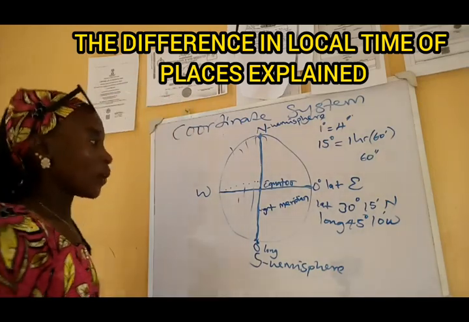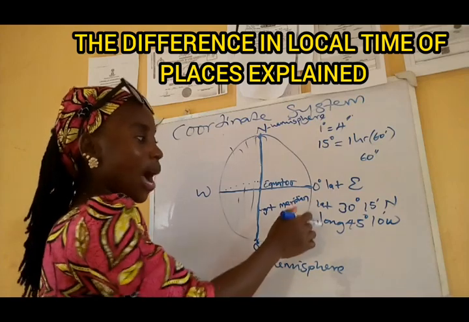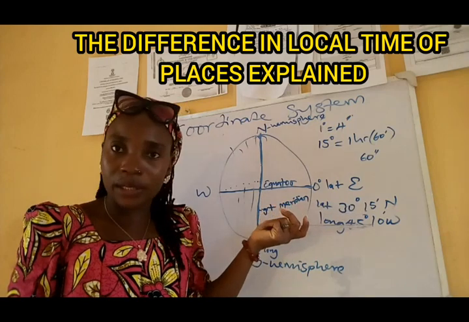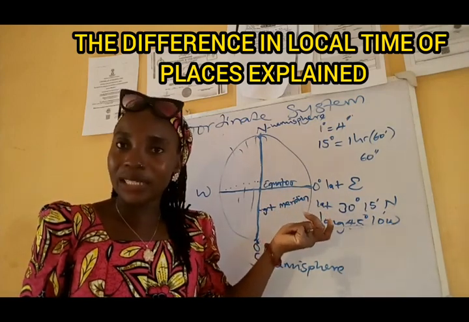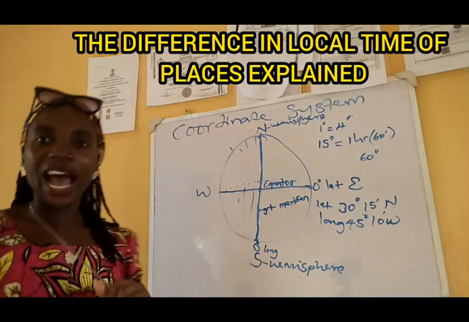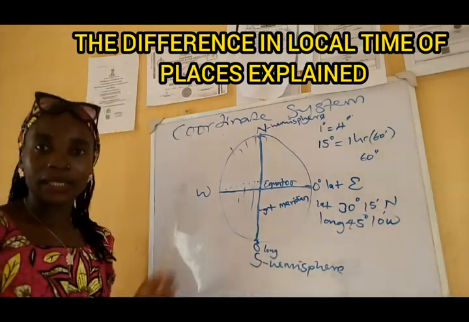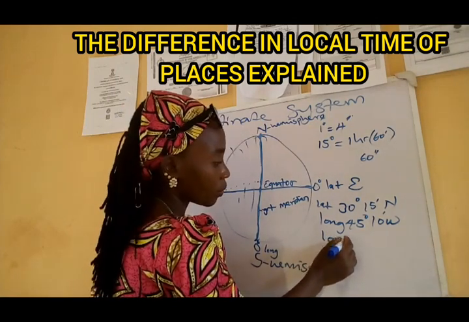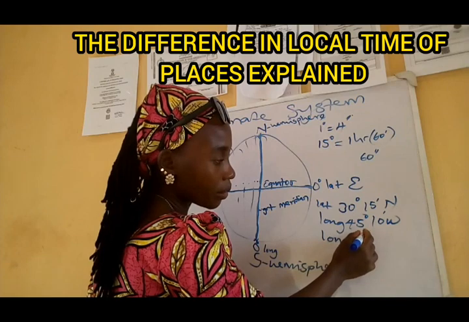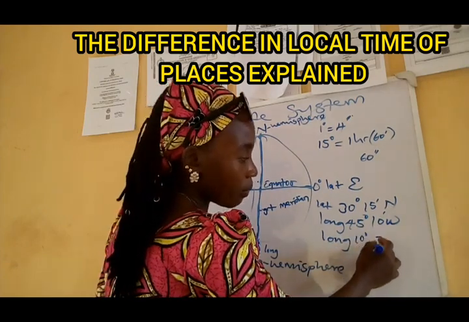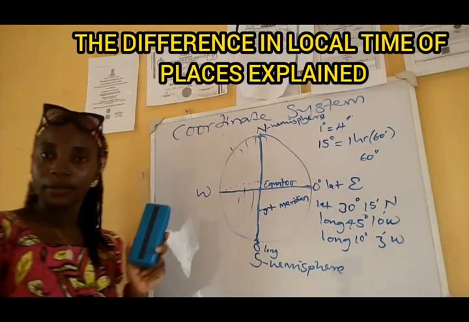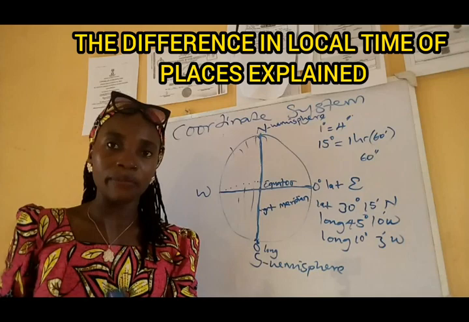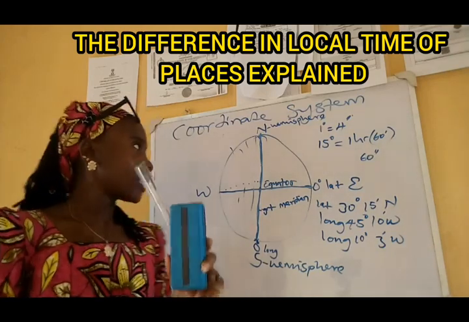Now, let us say you are at longitude 45 degrees 10 minutes west. If I am at, let's say, longitude 10 degrees 3 minutes west, how I will understand the difference in time between you and I is simple.